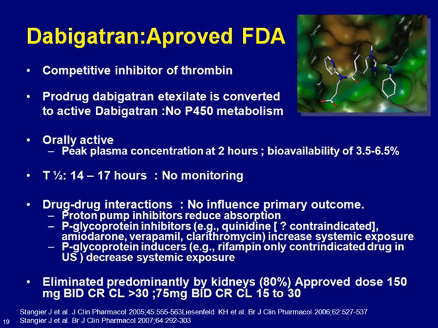So the FDA approved the dose of 150 milligrams BID for a creatinine clearance of greater than 30, and 75 milligrams BID for a creatinine clearance between 15 and 30.